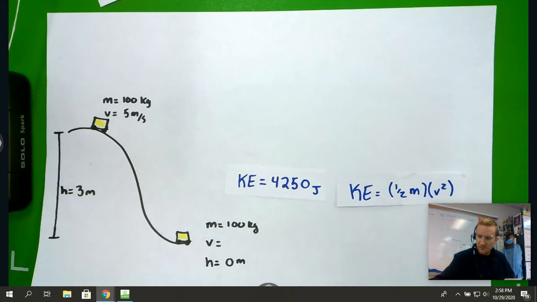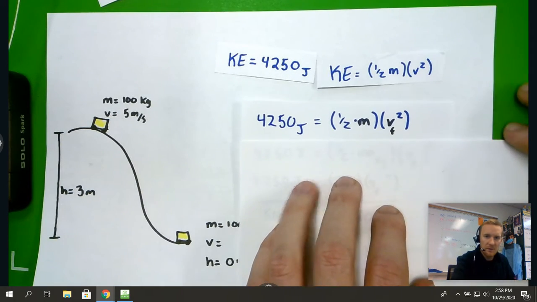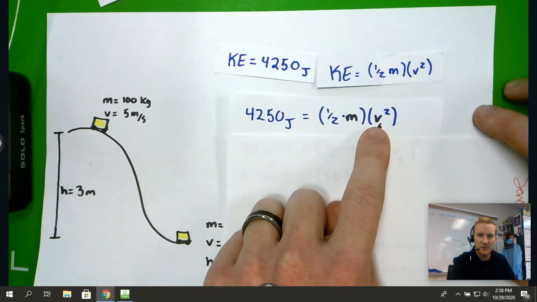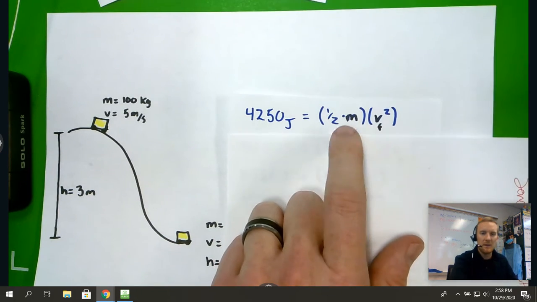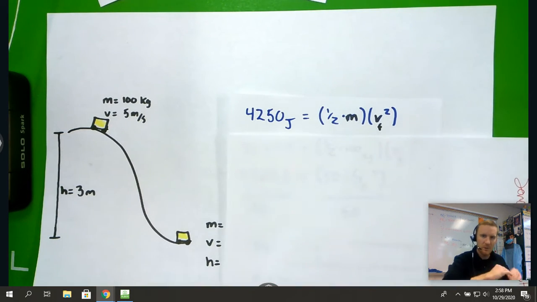So what we'll do is we will set this whole thing equal to our newfound kinetic energy. Okay? So if the kinetic energy is equal to 4,250 and we're solving for our missing velocity, we do know our mass, so we can actually plug that into our equation and start to work our way backwards.